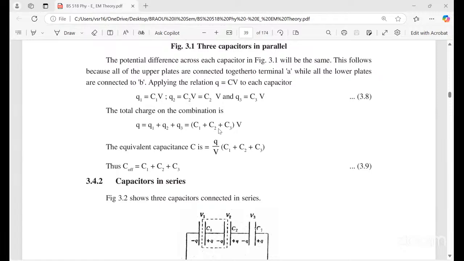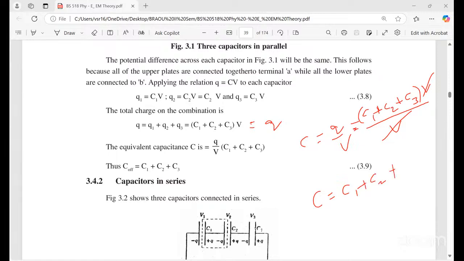By adding these three, we get C1 plus C2 plus C3 into V. So the capacitance C equals Q by V. That equals C1 plus C2 plus C3 into V divided by V. V gets cancelled. The remaining is the total capacitance, C equals C1 plus C2 plus C3.